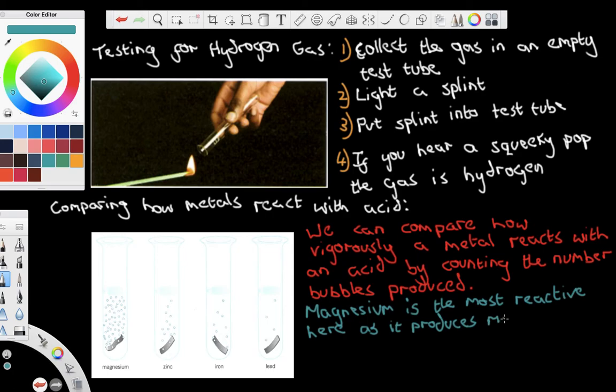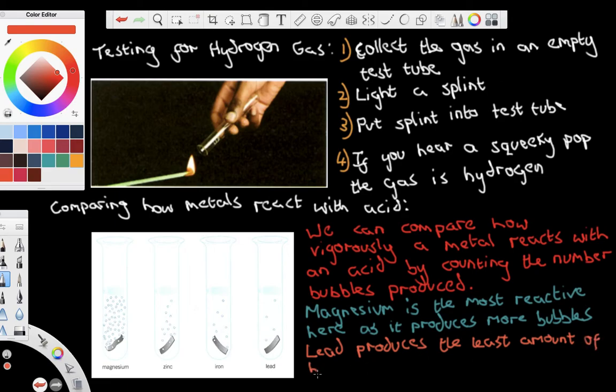And we can say that lead produces the least amount of bubbles and is the least reactive.